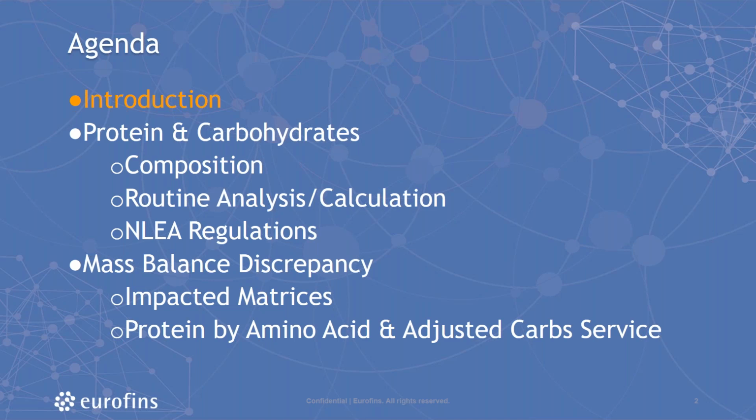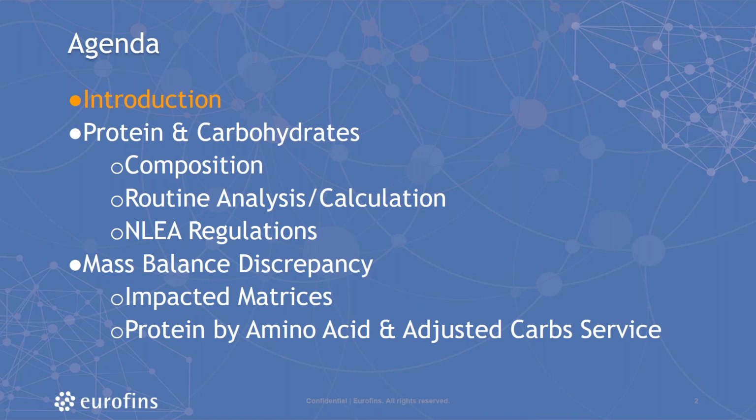The first half of this presentation is going to focus on providing a very basic understanding of protein and carbohydrate composition, as well as the routine analysis or calculation as outlined by nutrition labeling regulations. Then we can jump into the second half, which describes how these 2 macronutrients contribute to a mass balance discrepancy in novel and upcycled protein materials.